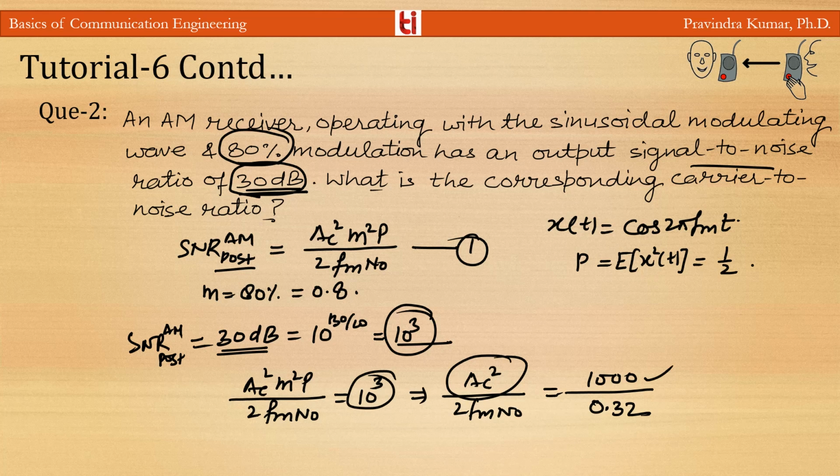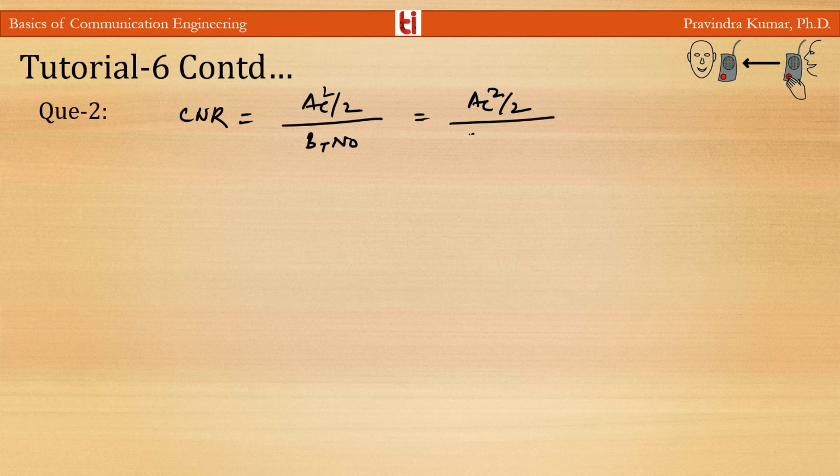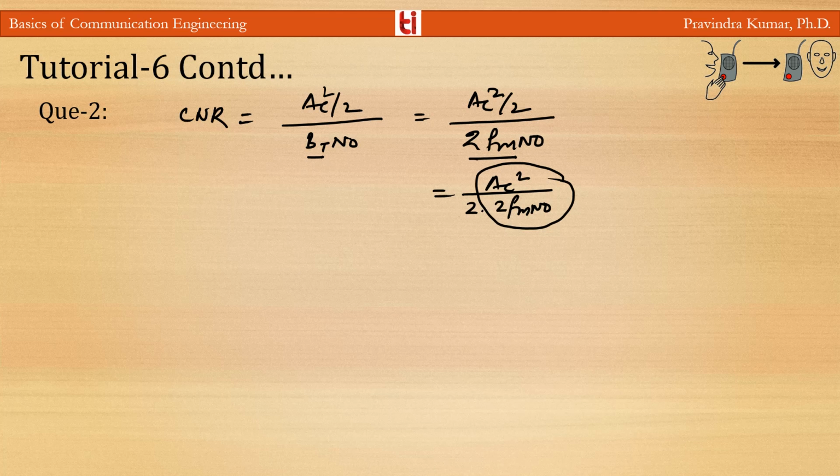Now the carrier to noise ratio. The carrier to noise ratio CNR is carrier power Ac square by 2 over noise power BT N naught, or you can say Ac square by 2 into 2 fm N naught, because the transmission bandwidth in AM is twice the modulating frequency. And we know this Ac square by 2 fm N naught we have calculated, it is 1000 by 0.32.